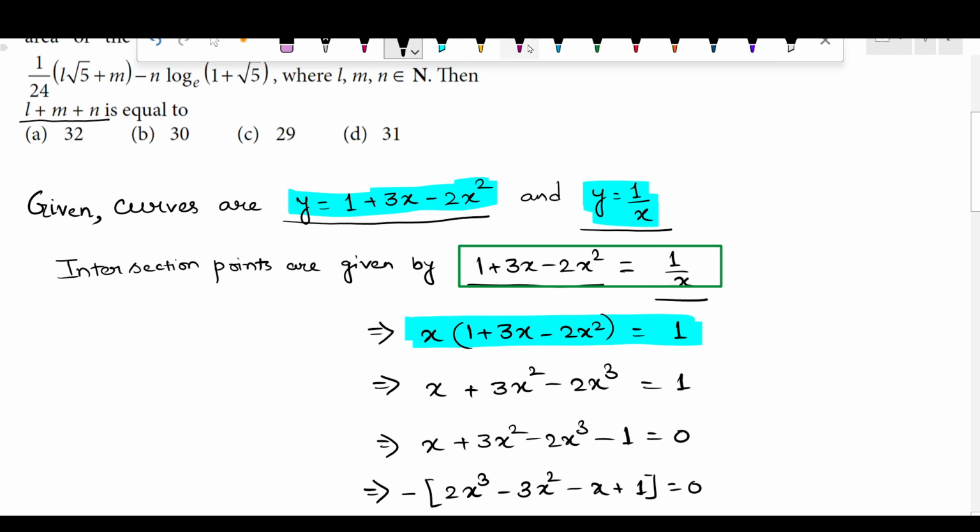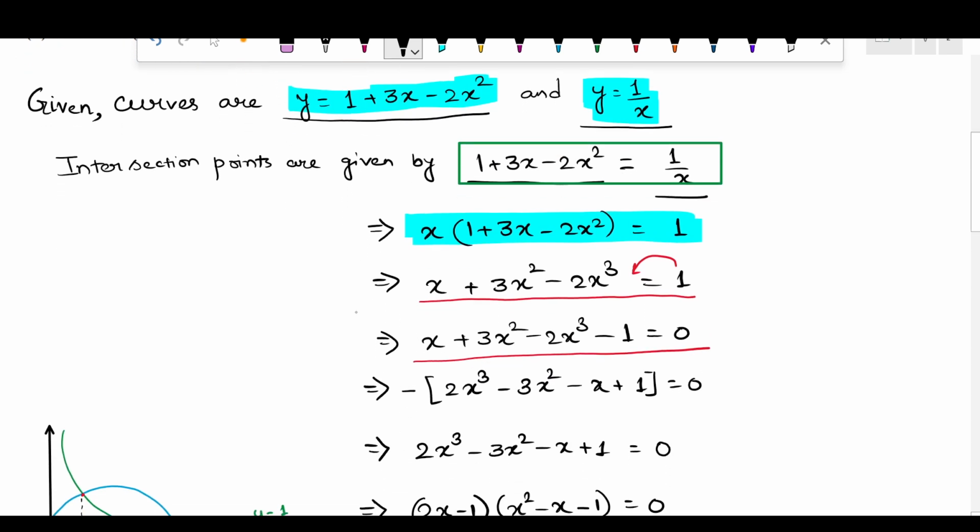Feel free to ask any question if you have any doubt. Now next we have this equation, x + 3x² - 2x³ = 1, and we transfer the 1 over here, so this becomes -1, right?